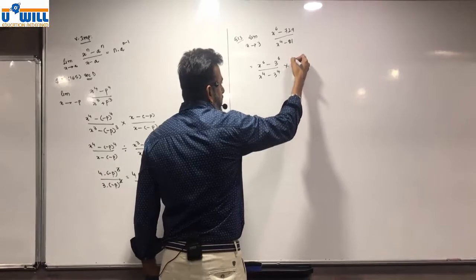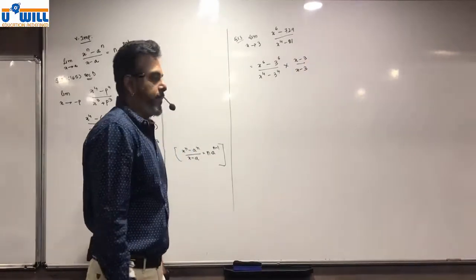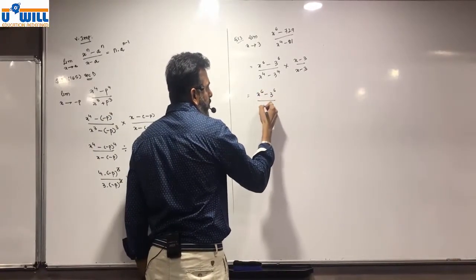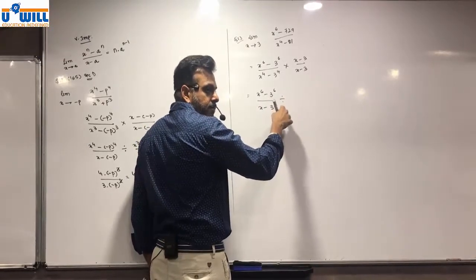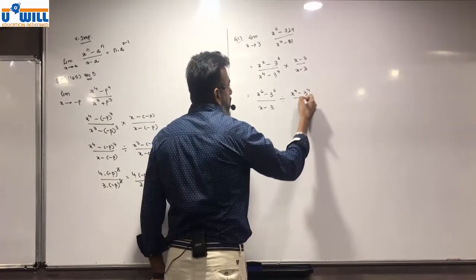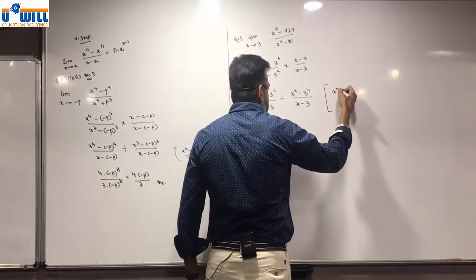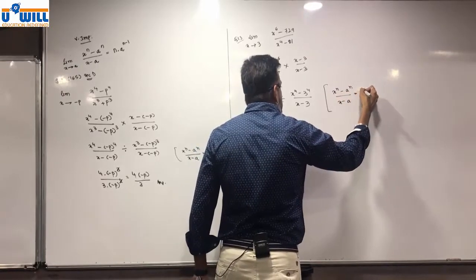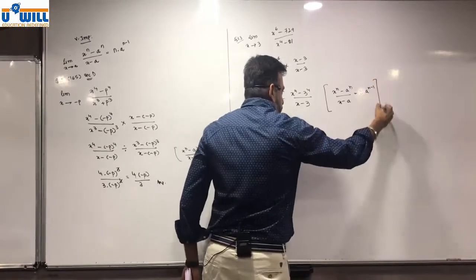We'll multiply both the sides with x minus 3 upon x minus 3, which is equal to x raised to 6 minus 3 raised to 6 upon x minus 3. Divide is an important step. Divide x raised to 4 minus 3 raised to 4 upon x minus 3. Using the result x raised to n minus a raised to n upon x minus a is equal to n into a raised to n minus 1.